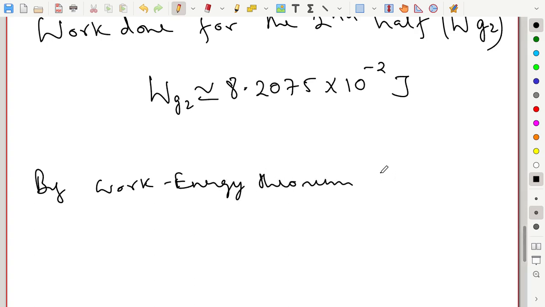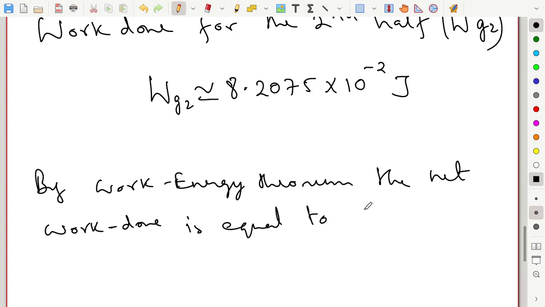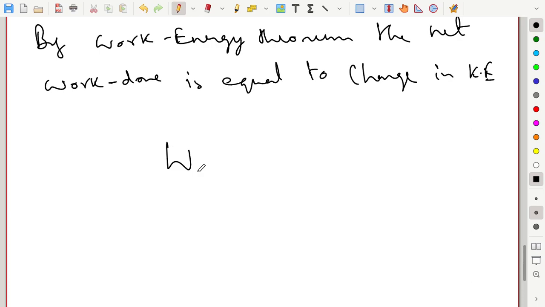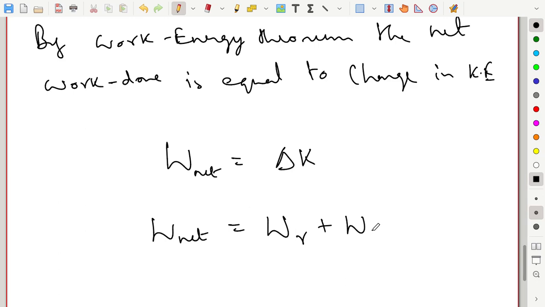The work done is equal to the change in kinetic energy, the net work done. So let me put W net equal to delta K. Here W net is the work done by the gravitational force plus the work done against the resistive force.